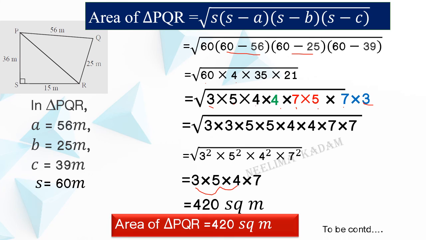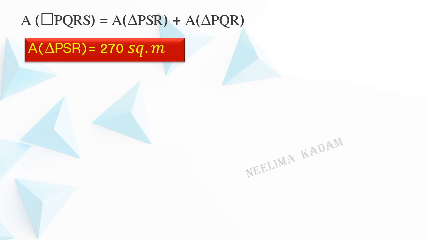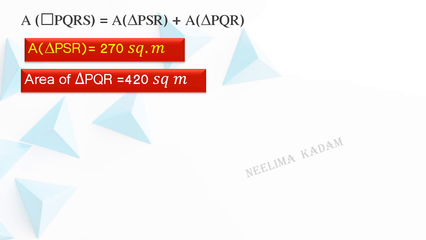Okay. Now, area of triangle PSR we have calculated. Area of triangle PQR we have calculated. Now, area of quadrilateral PQRS. Area of quadrilateral PQRS equal to area of triangle PSR plus area of triangle PQR, will be equal to area of triangle PSR is 270, area of triangle PQR is 420.